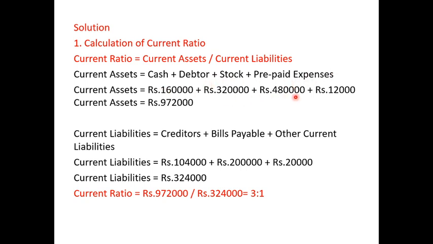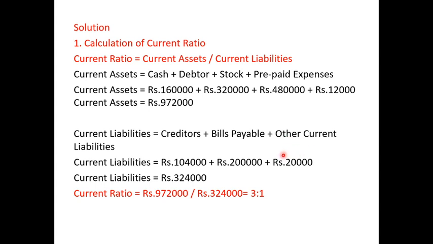Now if we add all these, we get current assets of rupees 9,72,000. Then we have to identify the current liabilities given in the balance sheet. On the liability side, creditors, bills payable and other current liabilities are given.